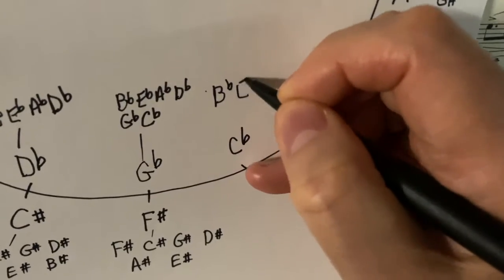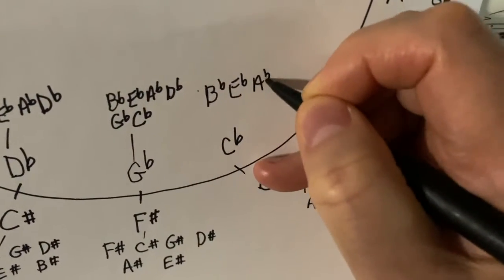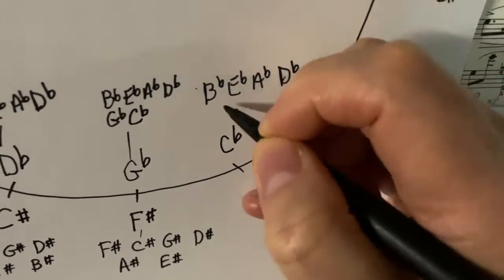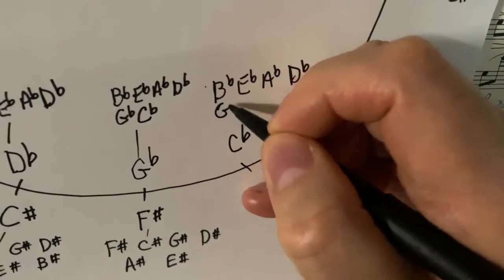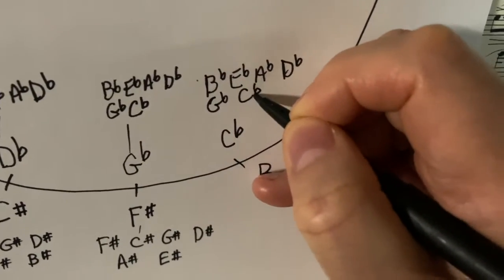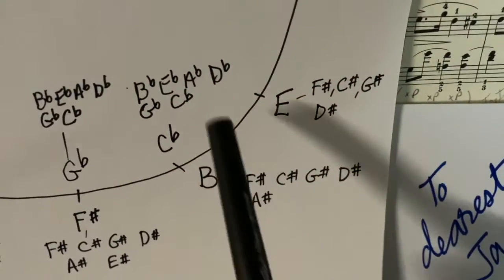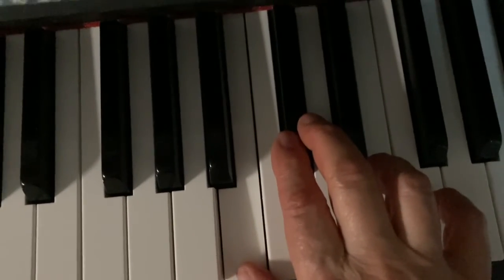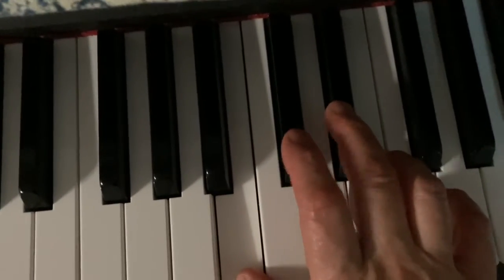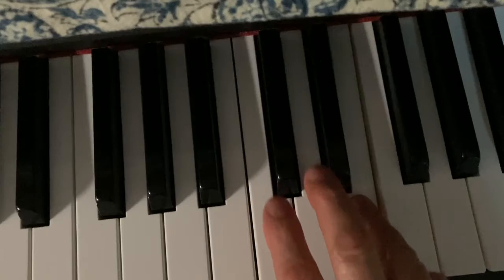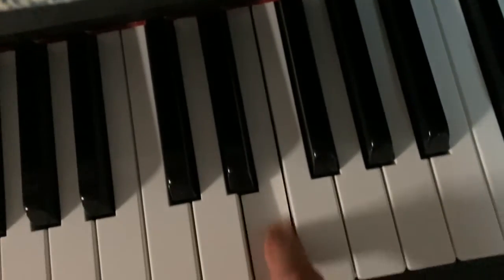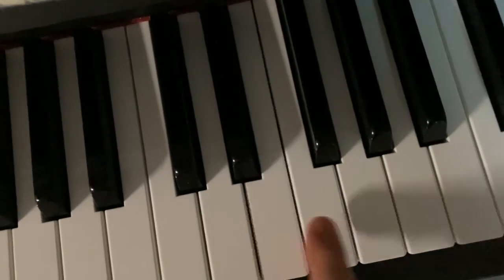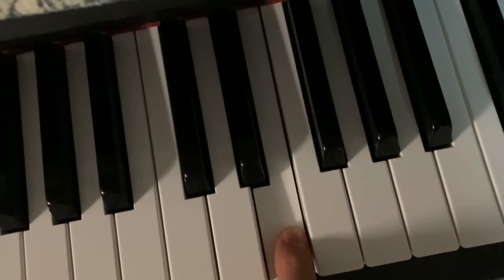B flat, E flat, A flat, D flat, G flat, C flat, and we need one more flat. We go up a fourth again from C flat, the last flat. Whole step, half step. What flat is this? There's F, there's F flat.